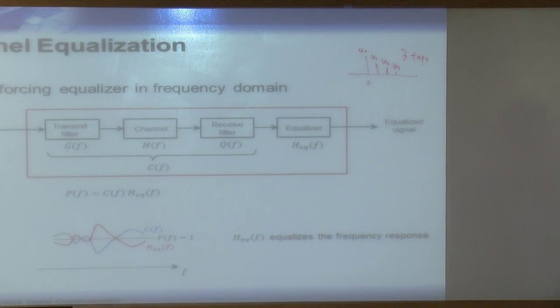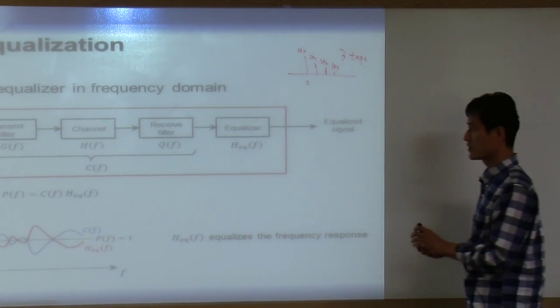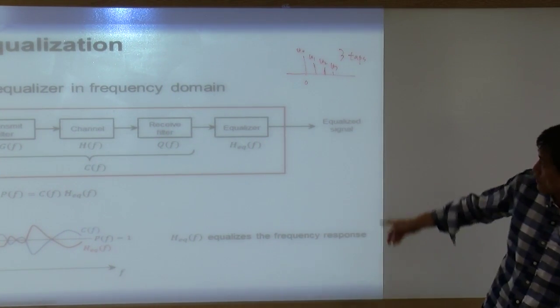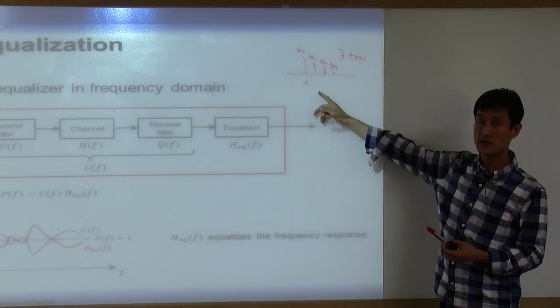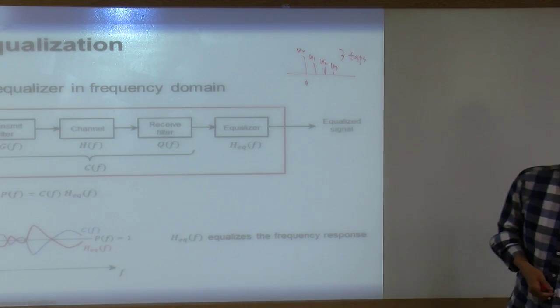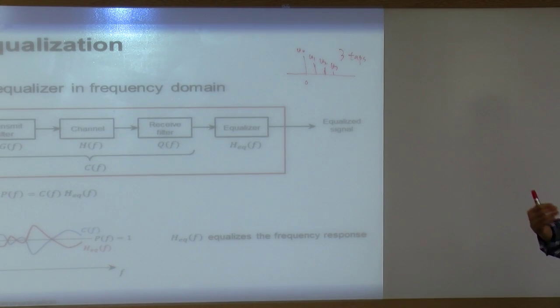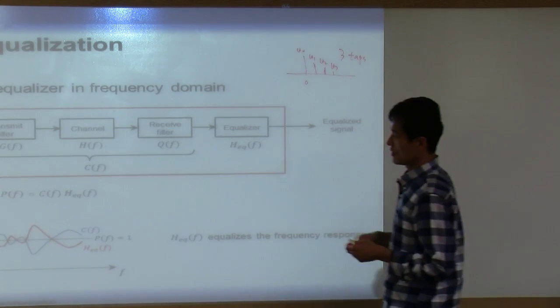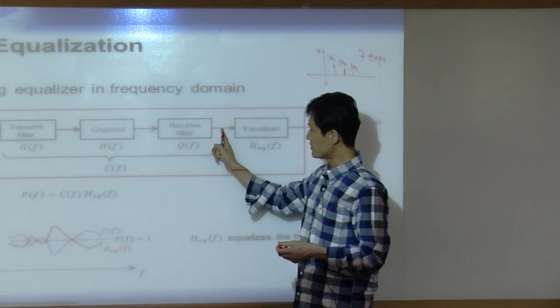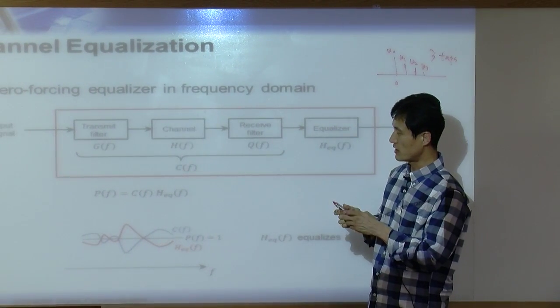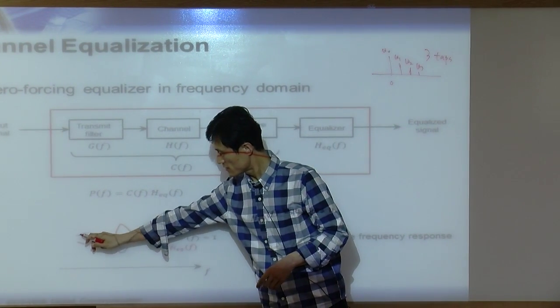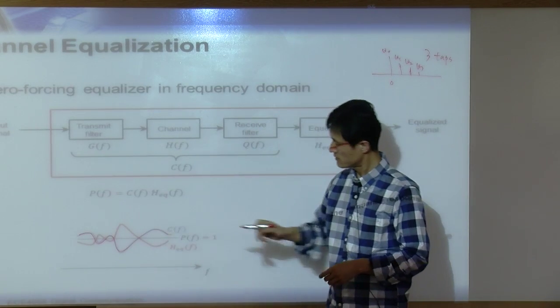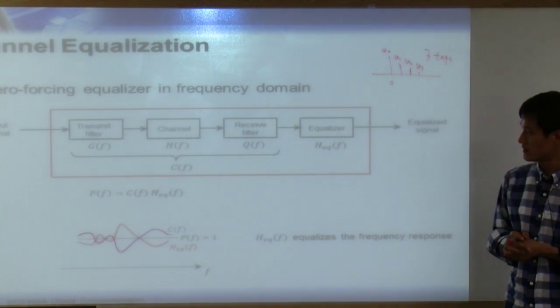When you look at the whole operation from the frequency point of view, what we are drawing here is the time domain, right? This is the impulse response. That's the time domain. But when you look at the same thing from the frequency domain point of view, the frequency response here at the input to the equalizer is something like this. Just an example, right?